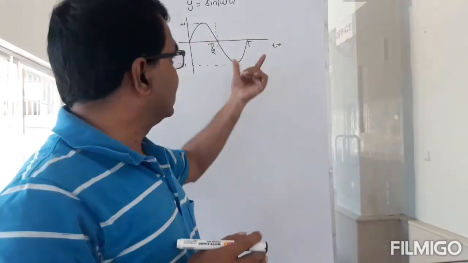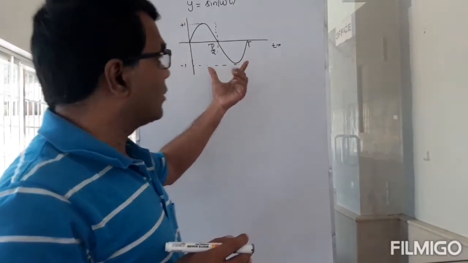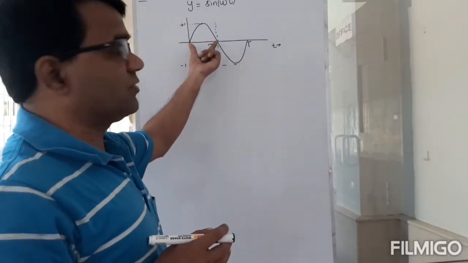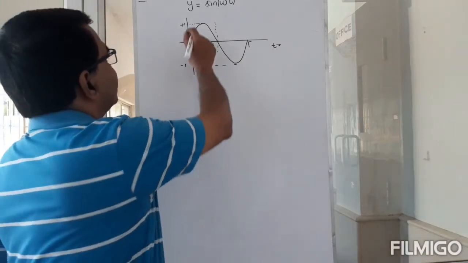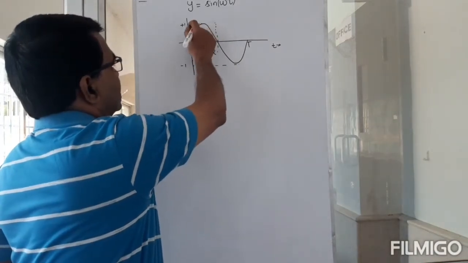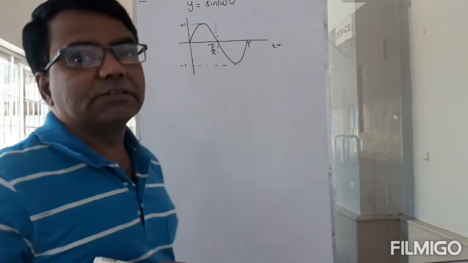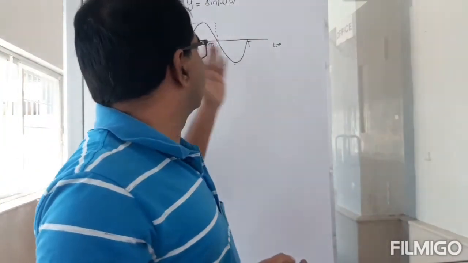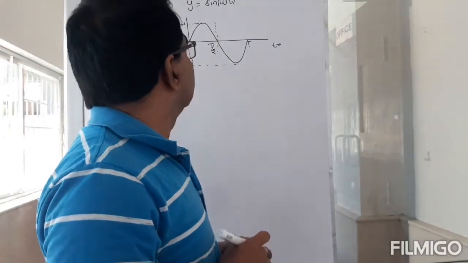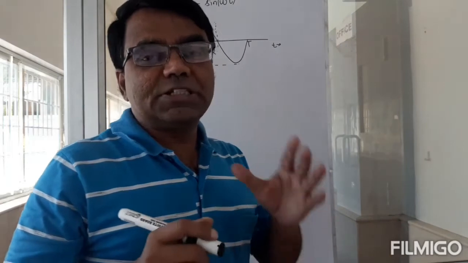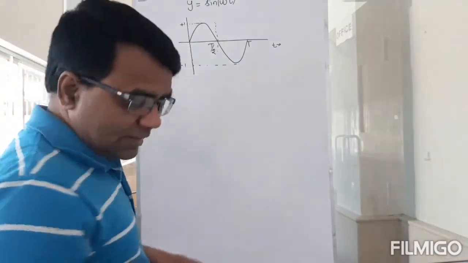Are you going to do it for the complete cycle, or are you going to do it for only the half cycle, or are you going to do it for only this much, maybe for the first 40 millimeters? How much are you going to do it? So T by 8 or something, like how much are you going to get? That's the thing. Depends on what, that you can clearly see.